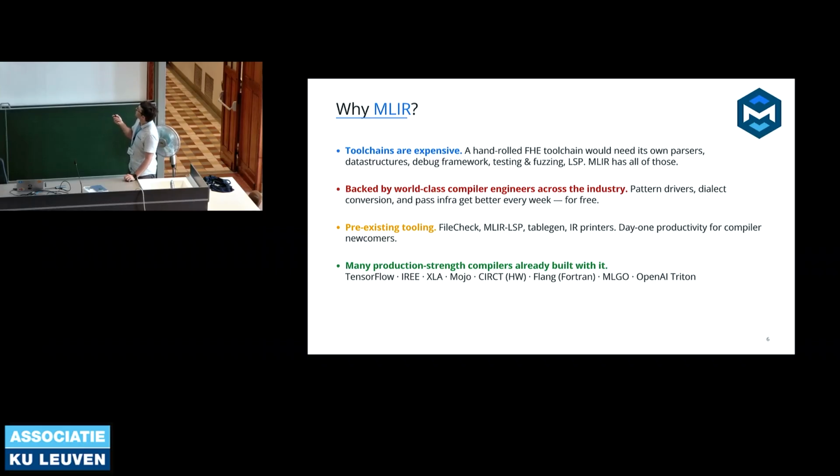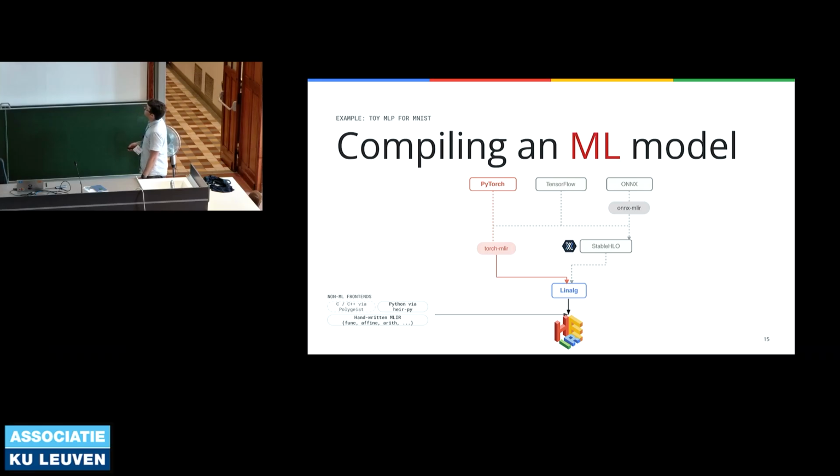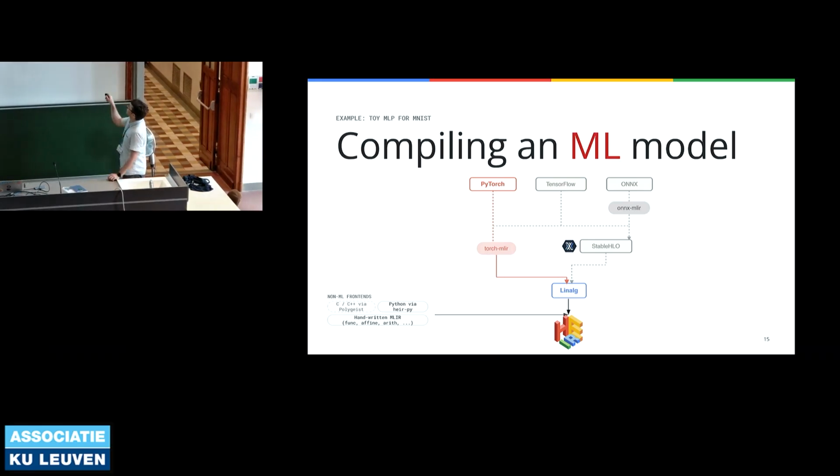You need a debug framework, you need testing, you need fuzzing, and it's very convenient to be able to reuse a framework that has been developed by experts and people who know about compilers. And this MLIR framework, we've put a few projects here that use it. These are really large-scale projects, and they rely on this MLIR framework. So it's a little bit like standing on the shoulders of giants.